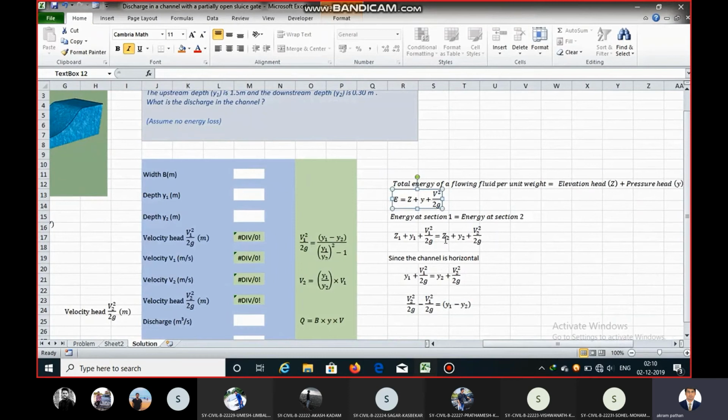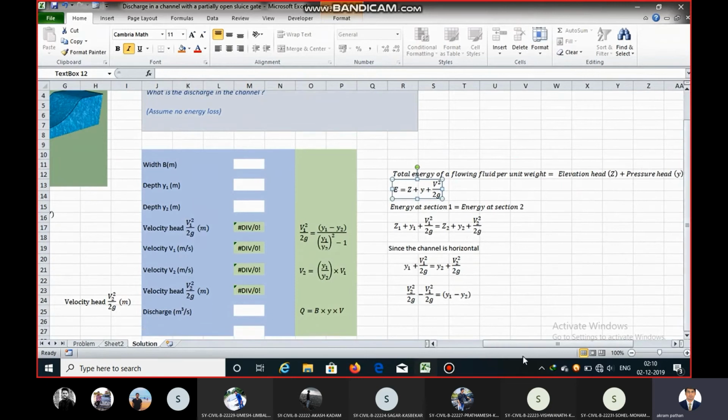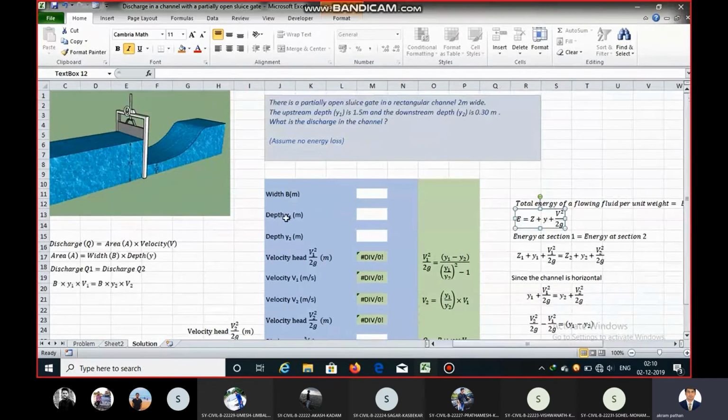Okay. So here we have Z1 plus Y1 plus V1 square by 2G, which is equal to Z2 plus Y2 plus V2 square by 2G. Since the channel is horizontal, Z1 and Z2 are constant. Look at these two sections on the downstream side and on the upstream side.